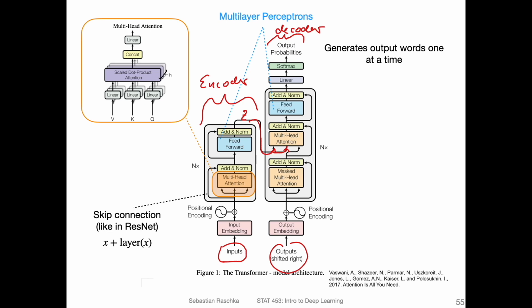I will get back to that in a later slide. But the big goal here is that it will produce the output probabilities for the words to be generated. So it's generating a sentence, and you can think of it as, let's say, translating a sentence. It reads an input sentence, and then it translates the sentence by generating 1 word at a time.